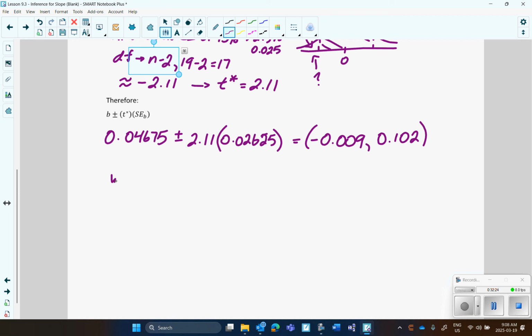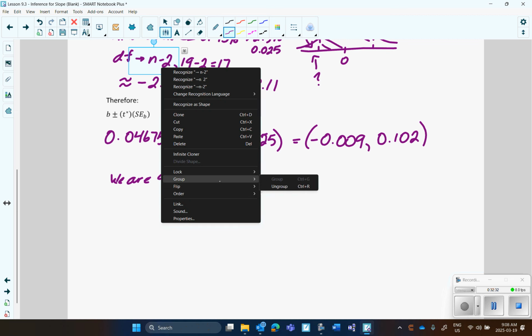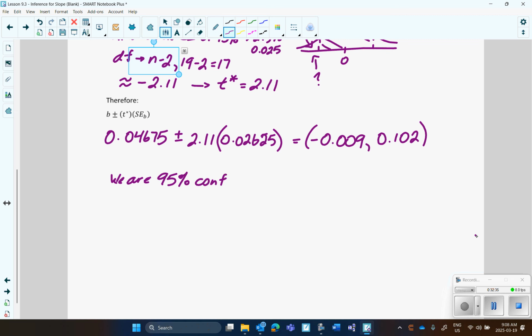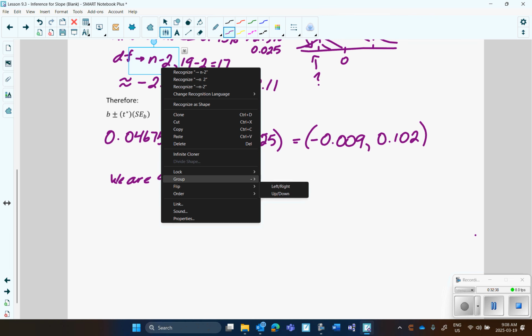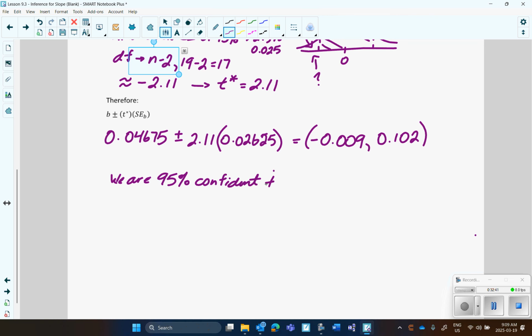So that means we can say we are 95% confident the interval 0.009 to 0.102 captures the true regression slope.